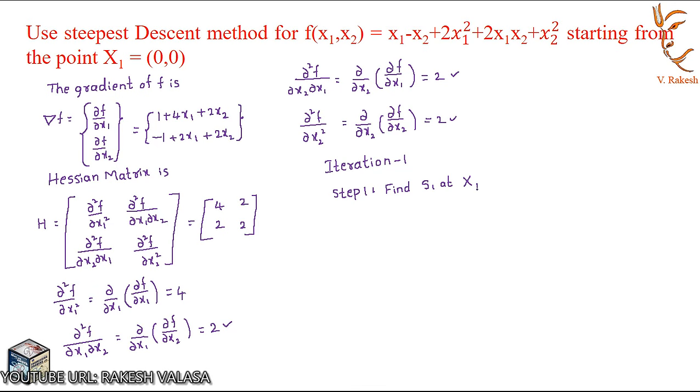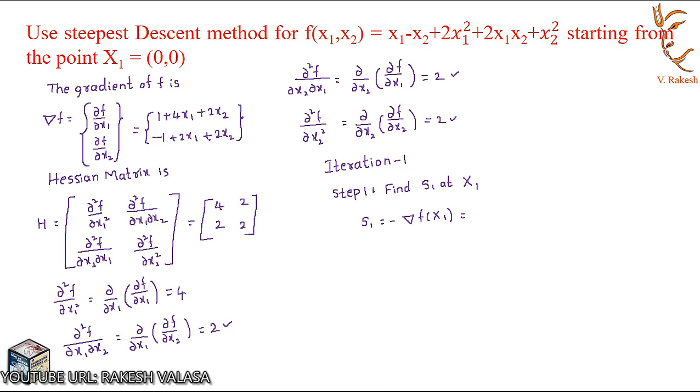X1 means initial point, that is 0 comma 0. So now calculate s1 equal to minus delta f of x1. Now we know the delta f values, that is 1 plus 4x1 plus 2x2, minus 1 plus 2x1 plus 2x2.